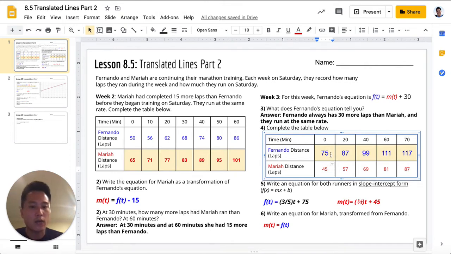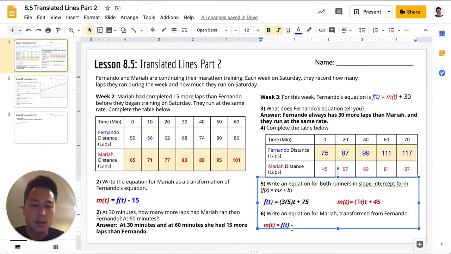So to take Fernando's numbers and get to Mariah's numbers, I would have to subtract 30 from his. If we're starting with 75, if I take 30 away from that, I get to 45, which is Mariah's number. So Mariah's is equal to Fernando's minus 30. Her number of laps is always 30 less than Fernando's.